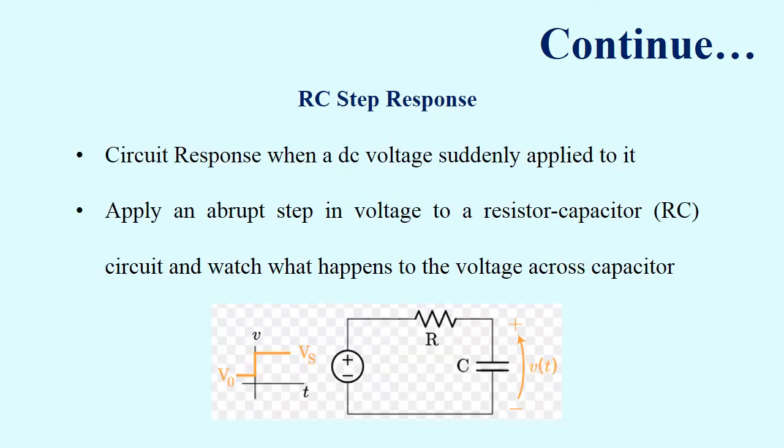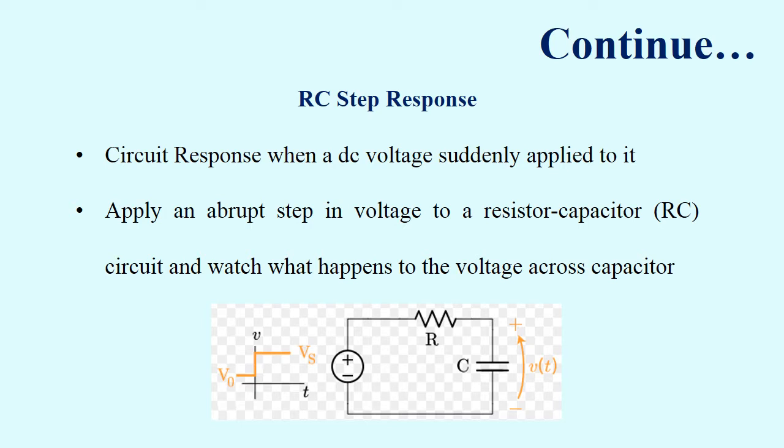The main theme of this experiment is to study the response of the RC circuit when a sudden DC voltage is applied to it. This circuit response is known as the RC step response.